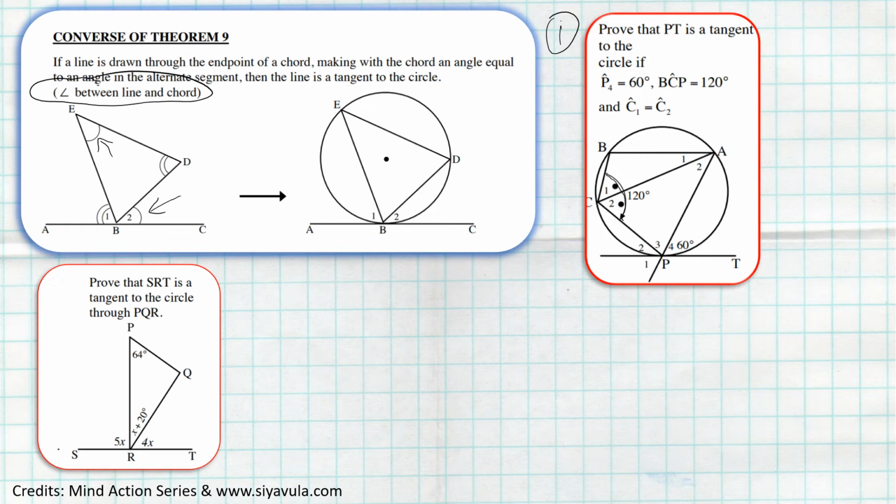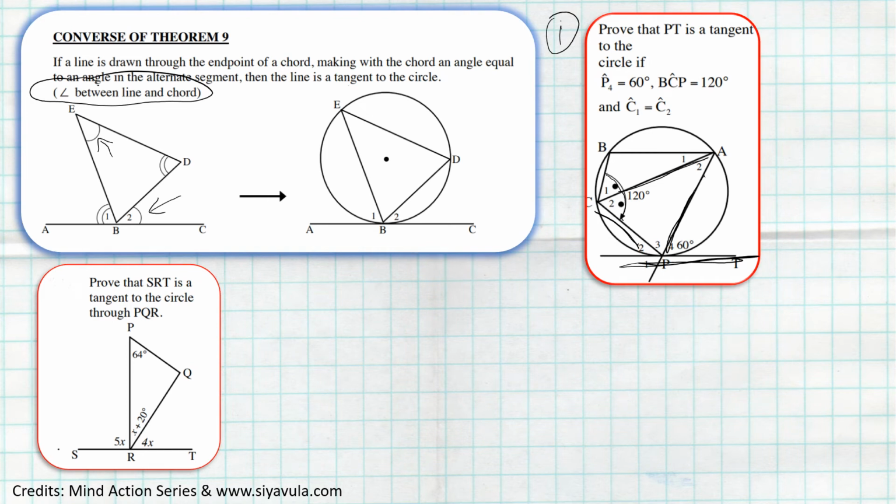How can we prove that this line PT is a tangent? If we can prove that an angle between this line PT and a chord is equal to the angle in the alternate segment, or rather the angle subtended by the two other chords, then we can conclude this is the converse of theorem 9, meaning that line is a tangent. Simple as that.